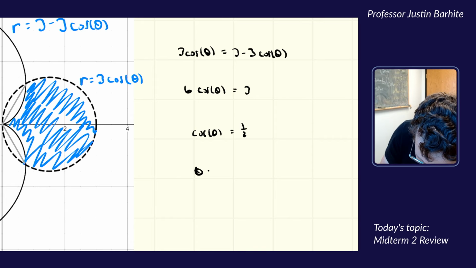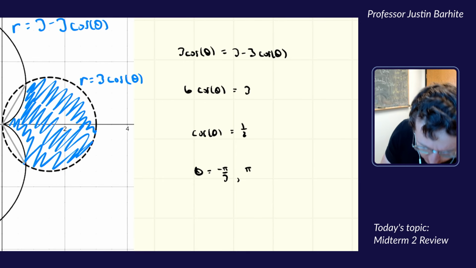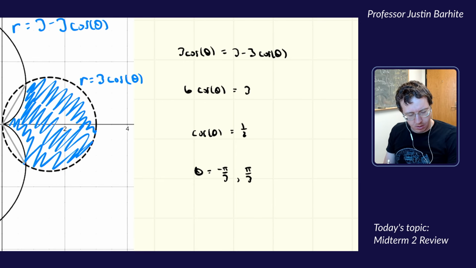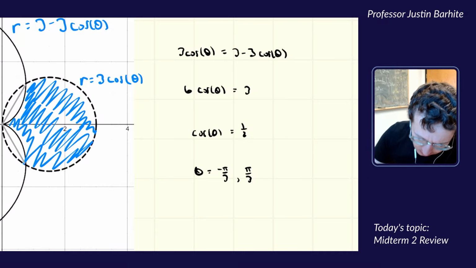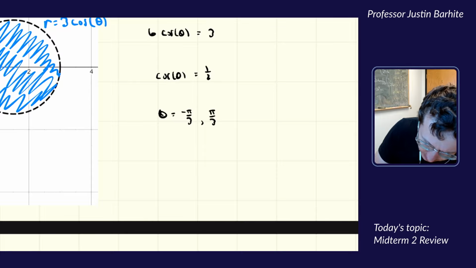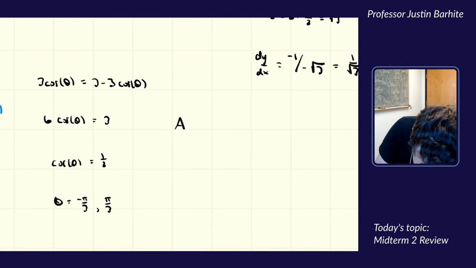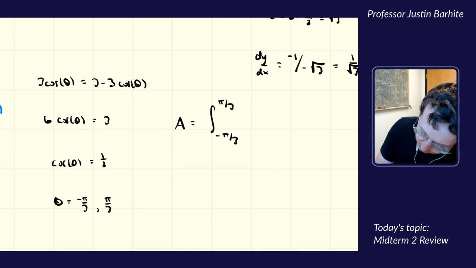This happens at minus pi over 3 and pi over 3. So the area is going to be an integral from minus pi over 3 to pi over 3.